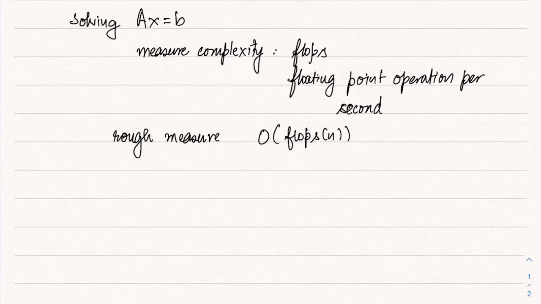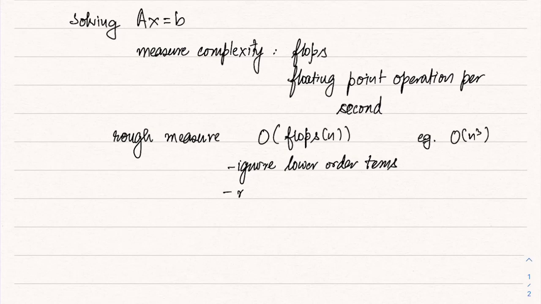Note that when we say this is the order, we are ignoring lower order terms. For example, if we say that the flop count is order n cube, then we ignore n square and n terms.